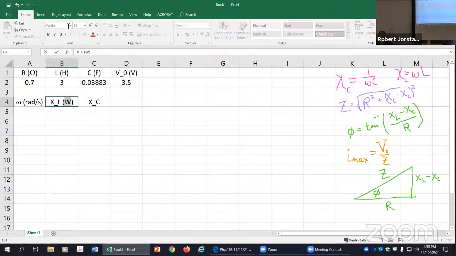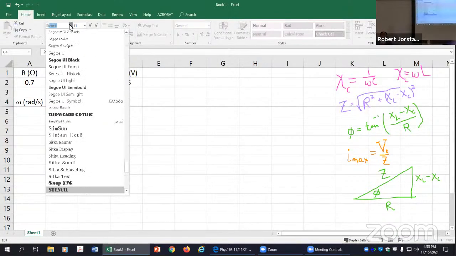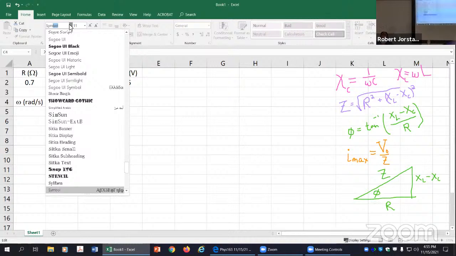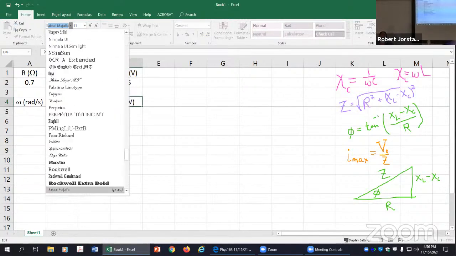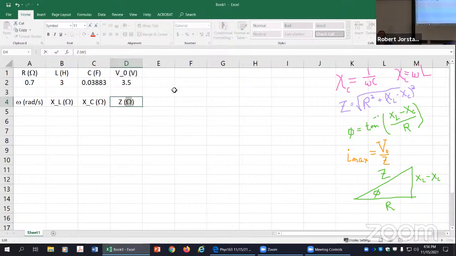So I'm going to get this in ohms. I want to get this one in ohms. Again, technically I should be formatting correctly, but we've got to get through this, right? And then we could probably figure out Z in ohms, agreed? What else could I figure out? Phase angle.